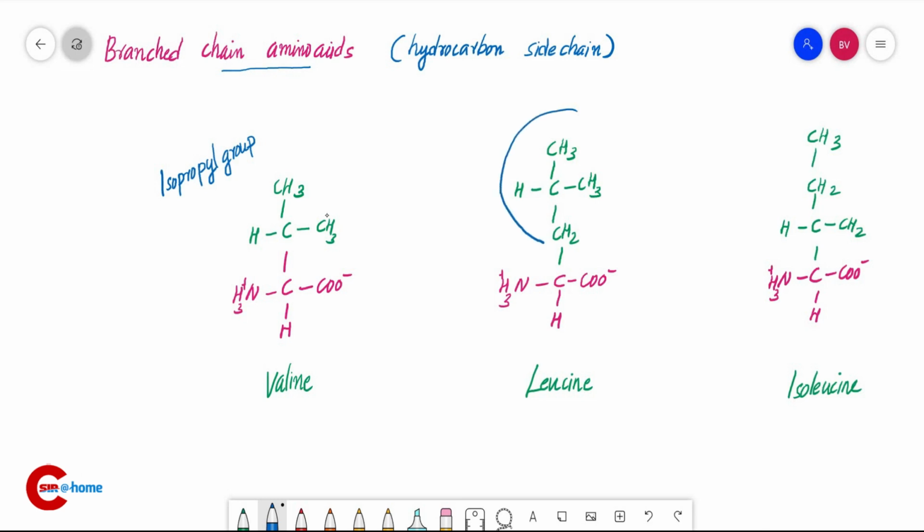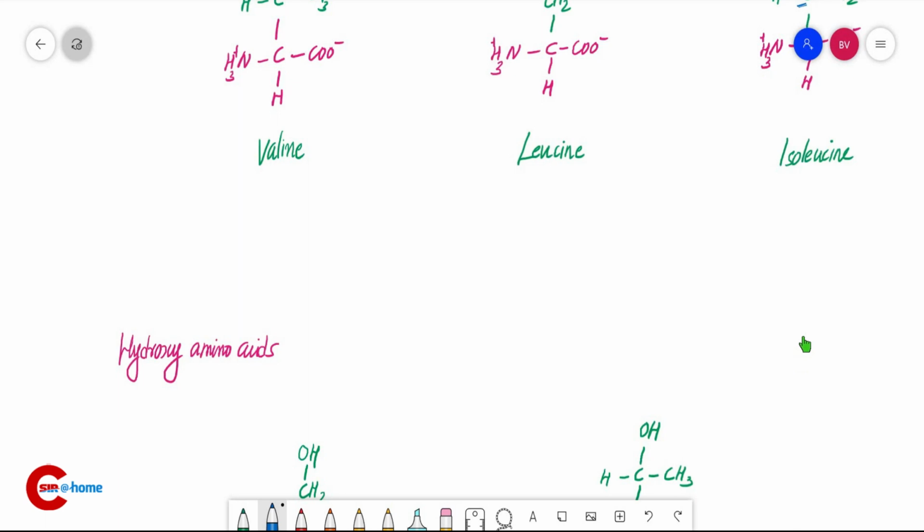Leucine contains this one, which is isobutyl group. Isobutyl hydrocarbon side chain. Here in isoleucine, it contains an additional chiral center. The isoleucine contains an additional chiral center. Understood? Branched chain amino acids, 3. Valine, leucine and isoleucine are examples of branched chain amino acids.